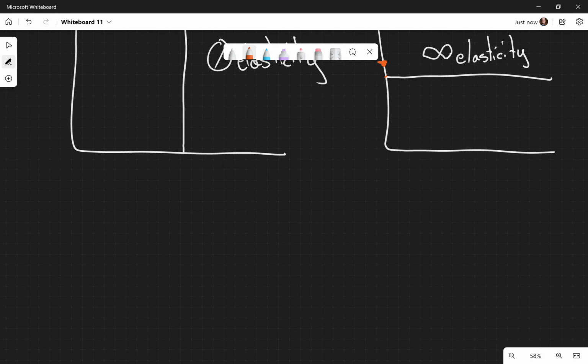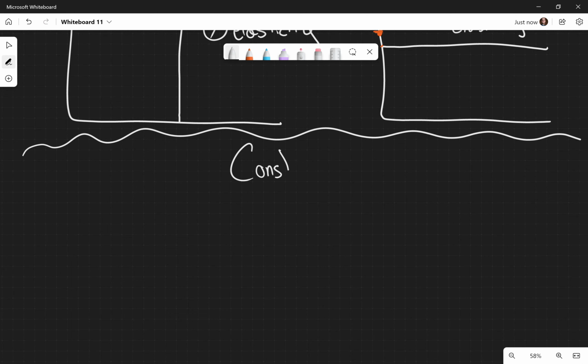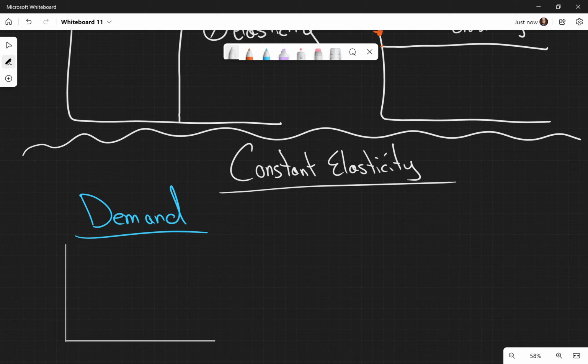And then when we're talking about constant elasticity, it's going to look different for supply and for demand. For demand, it's going to be a curve.